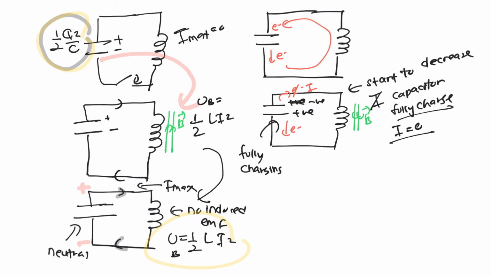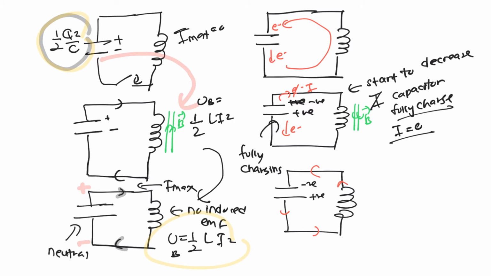Okay, so once the current is 0 and the capacitor is fully charged, the capacitor starts to discharge back. But the direction of the current has already changed, because once it is fully charged, this one becomes the negative plate and this one becomes the positive plate. So the direction of the current is going to be in this direction. You can see that before this it was moving clockwise, now it's moving anti-clockwise.